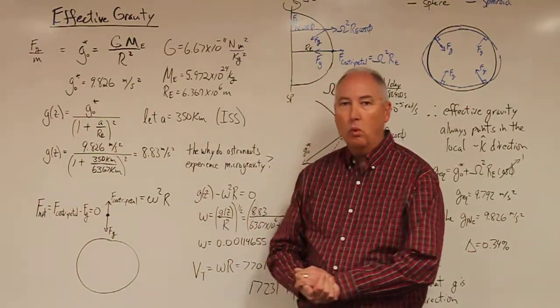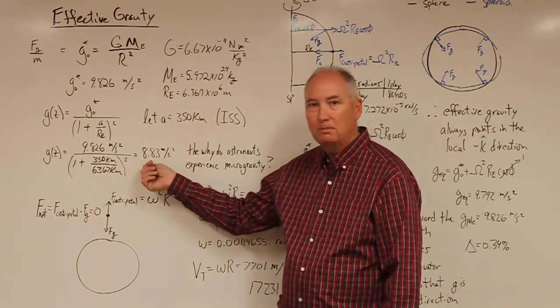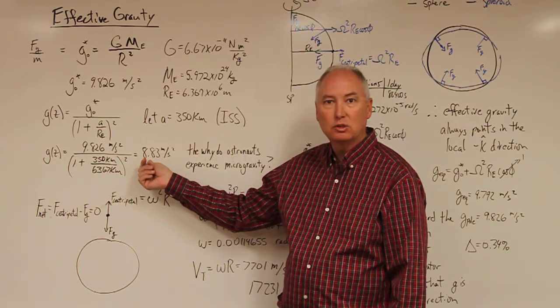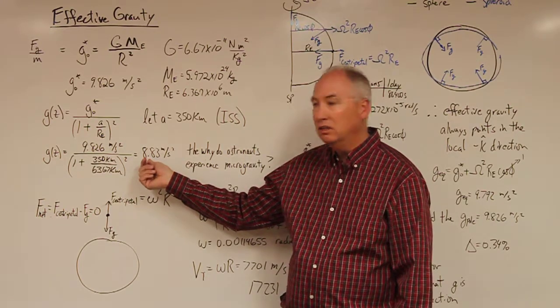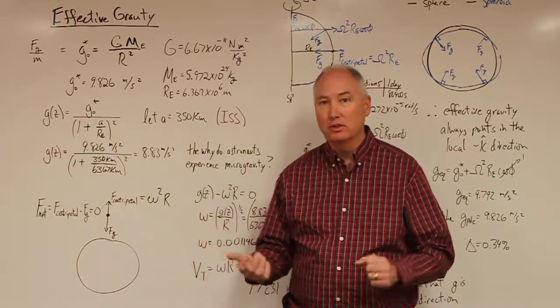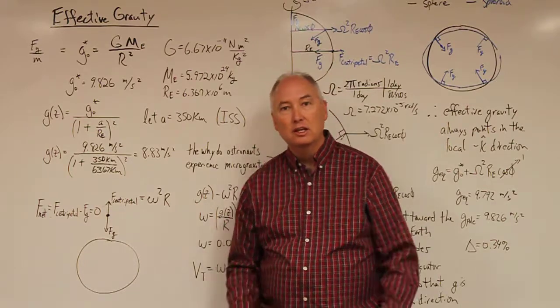So why do the astronauts experience microgravity if they're still experiencing more than 8 meters per second squared of acceleration? The key is that there's an opposite force to gravity, which is the centripetal acceleration.